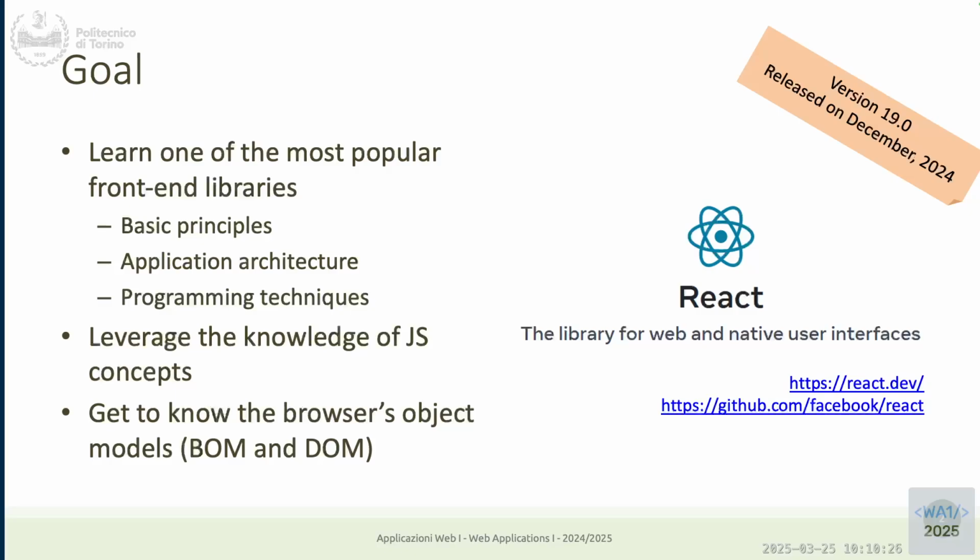So the approach taken by this framework is to try to manage this part for you. We won't have to deal directly with events. We don't have to deal directly with the modification of some part of the page. It will be managed by the framework if we follow its rules.